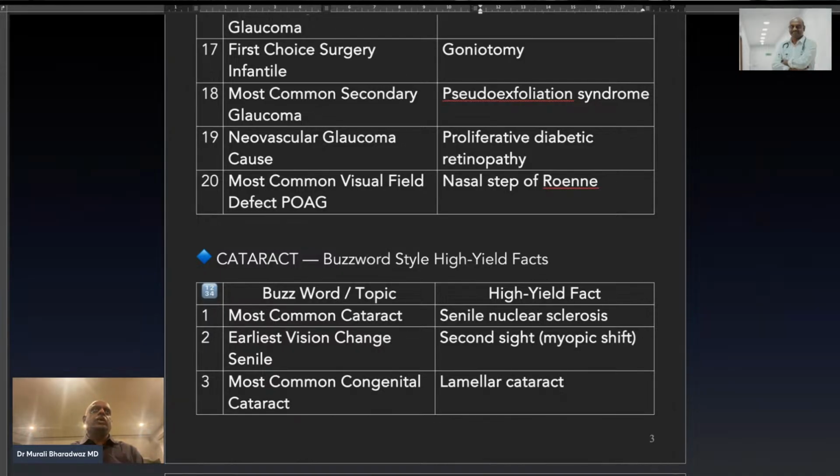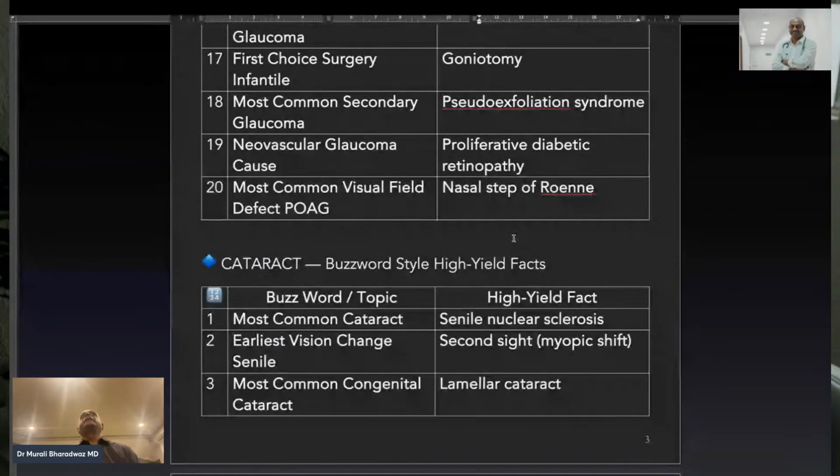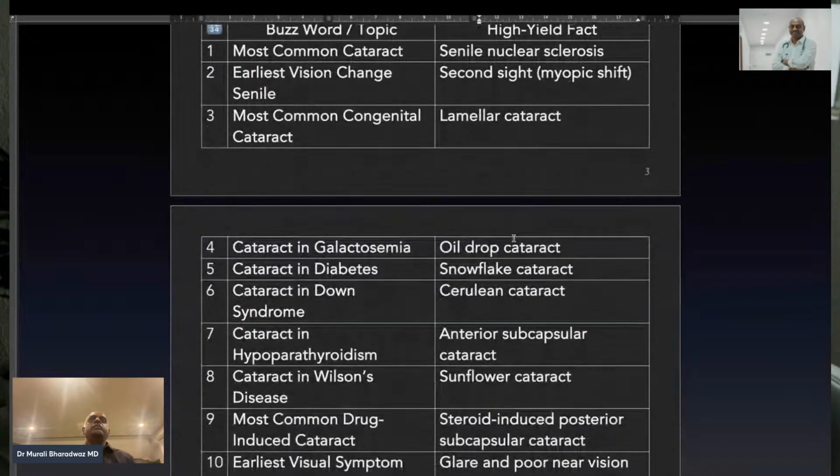Okay, so let's move forward. Now, what is the most common cataract? Senile nuclear sclerosis, when we become old. Whenever the nuclear part of the lens becomes sclerosed, that will alter the refractive index of the lens.